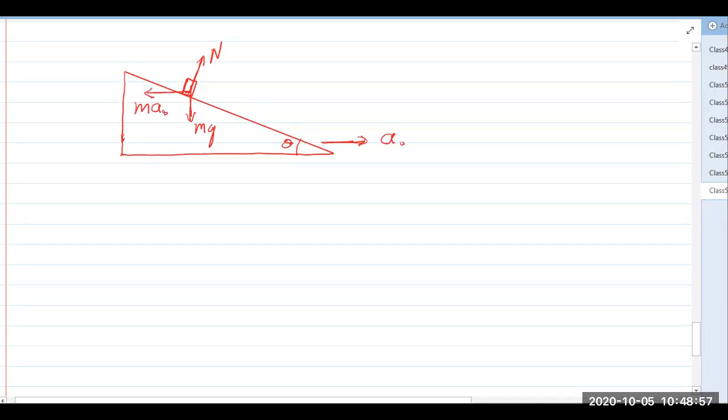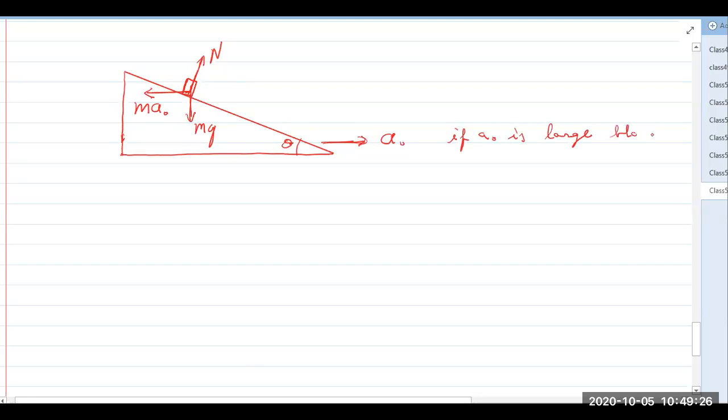Because of the pseudo force, the object may start going upward, depending on the value of the pseudo force. If the pseudo force is large, the object may start going upward. How do we apply a very large pseudo force? If we provide a very large acceleration. So if a naught is large, the object may start going upward.